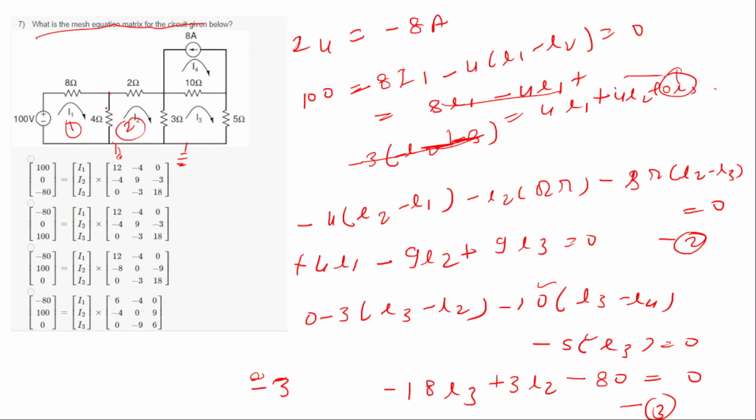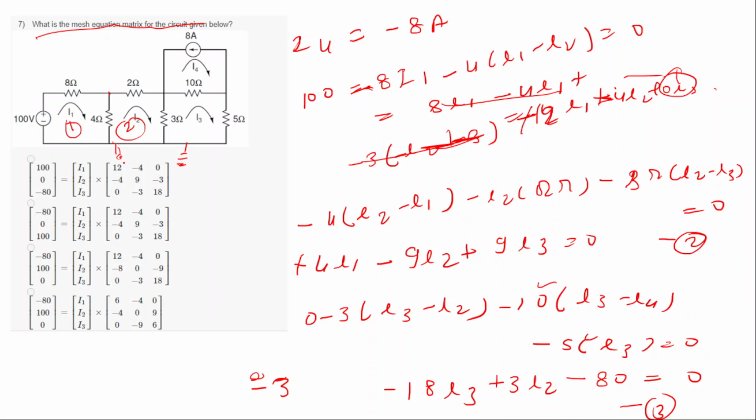So now let's just compare. In the first equation, the 100 volt one, the coefficient, wait, I think this was a minus, so it will become minus 12 times I1.